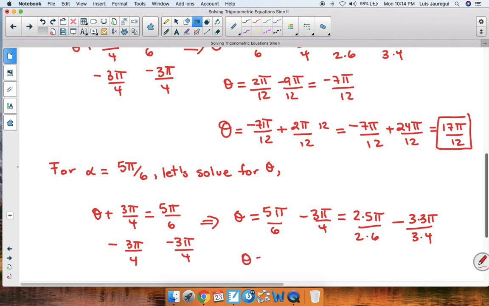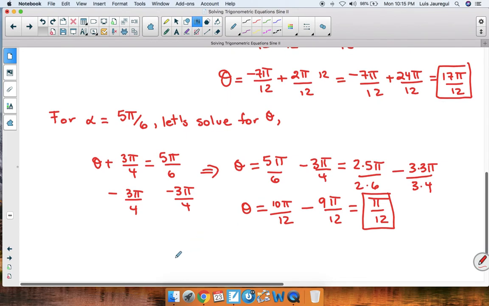So we get that theta is equal to 2 times 5 is 10 pi over 12 minus 3 times 3 pi becomes 9 pi over 12. Now, doing the subtraction, this is equal to just pi over 12. And that happens to be your second solution for this equation. So in conclusion, our solutions happen to be pi over 12 and 17 pi over 12.